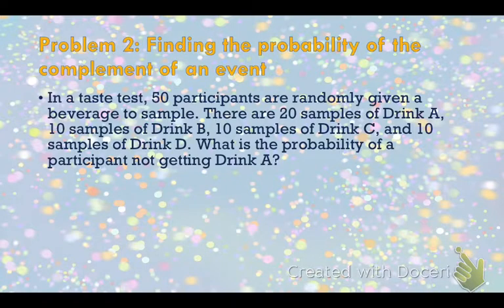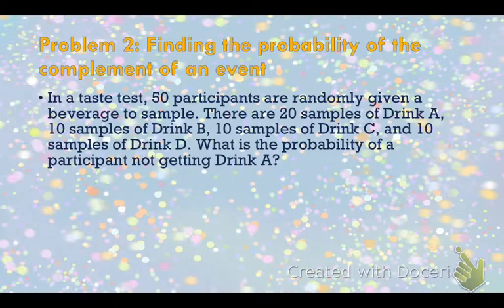So if I take a look at problem 2 here, in a taste test, 50 participants are randomly given a beverage to sample. There are 20 samples of drink A, 10 of B, 10 of C, and 10 of D. What is the probability of a participant not getting drink A?